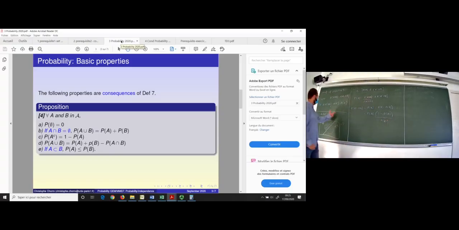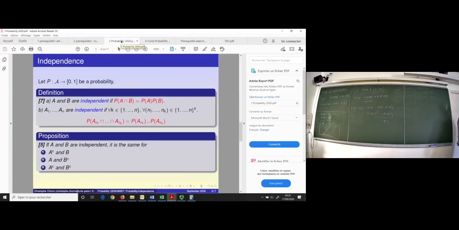And so you have done the job. From my hypothesis, you prove that the probability of A complementary intersected with B is equal to the product of the associated probabilities. So, by the definition, you have the independence of A complementary and B. And at home, you can try to do by yourself exactly the same thing for the case A and B complementary, and A complementary and B complementary.